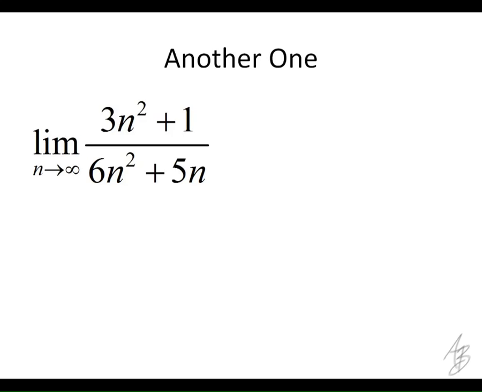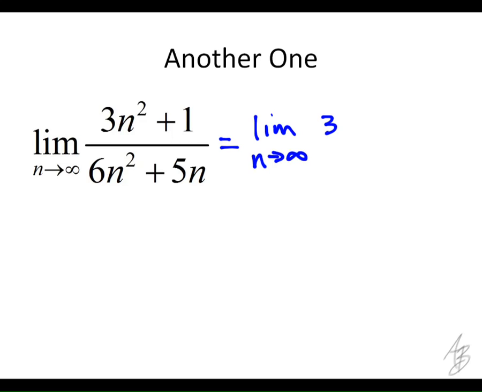Here's another one that we did early in the year, at least this type of problem. And this one was not as big a problem. We were actually able to evaluate this analytically, but we had to go through quite a bit of work to do it. So what we did here, and we came up with some rules to avoid some of this work, but what we did is we said that this is equal to the limit as n approaches infinity of, and then we divided each term by n squared.